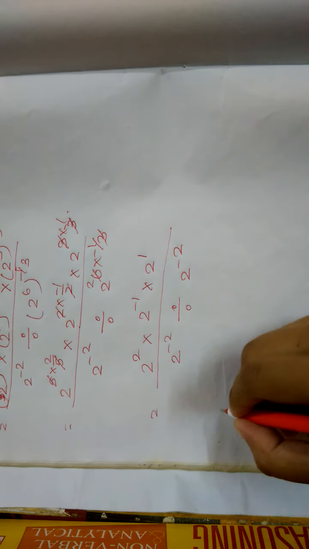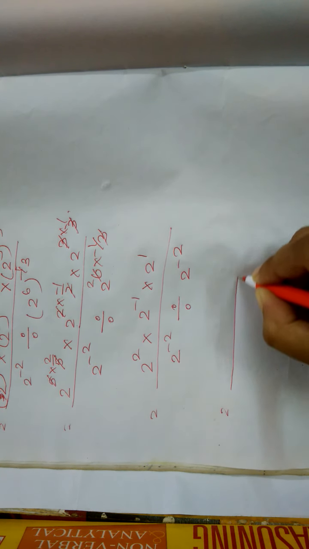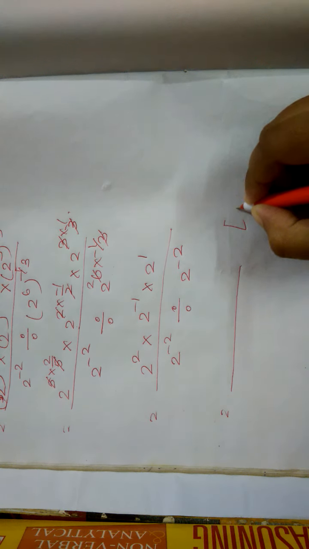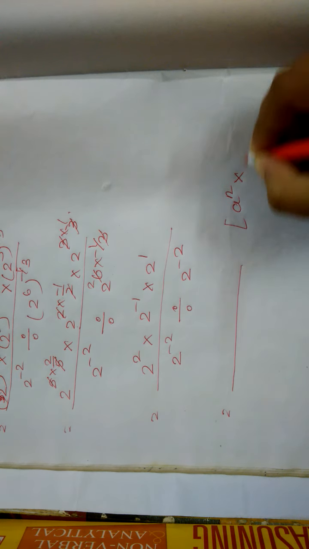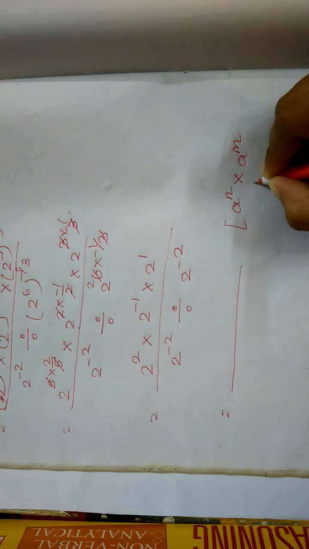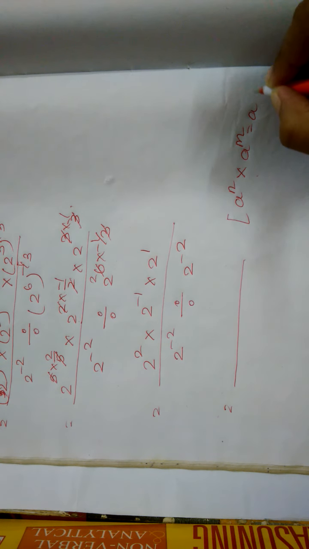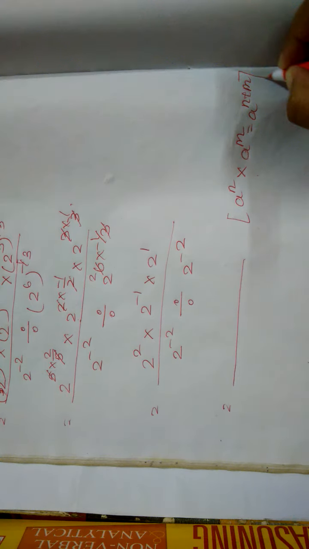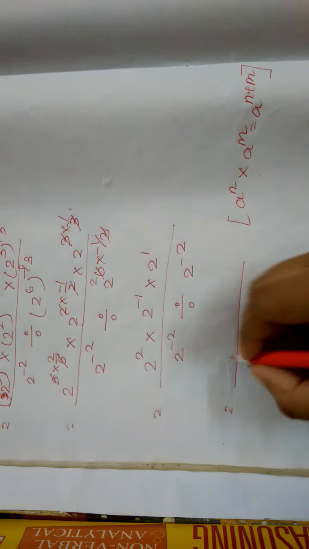Now, by the law of indices, if we have a to the power n multiplied by a to the power m, we can write that as a to the power n plus m. We are going to relate this concept over here too.